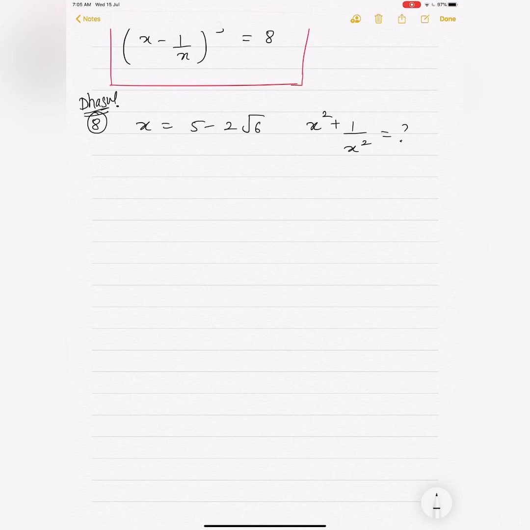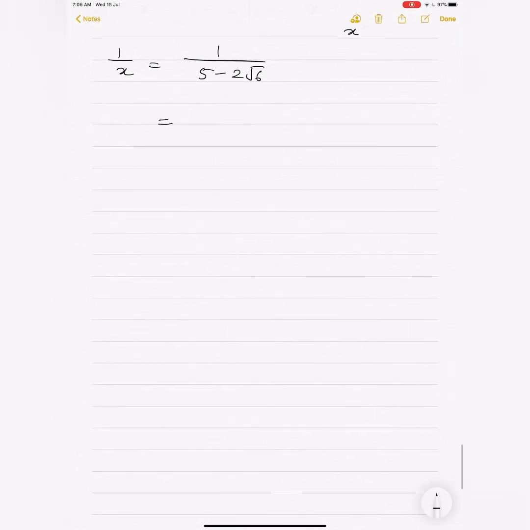So we'll do one thing, guys. First we'll find 1 upon x. That is 1 upon 5 minus 2 root 6. So you'll get 1 upon 5 minus 2 root 6 multiplied by 5 plus 2 root 6 upon 5 plus 2 root 6.